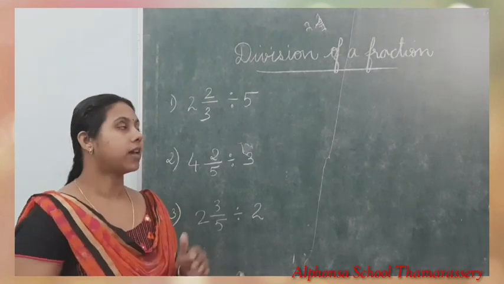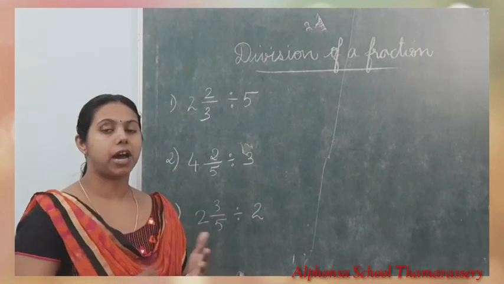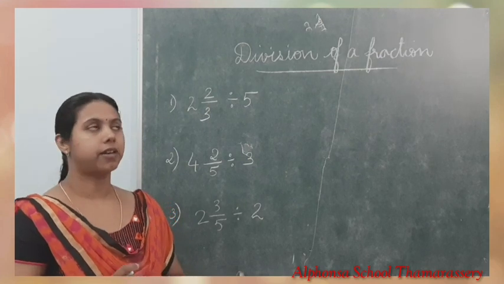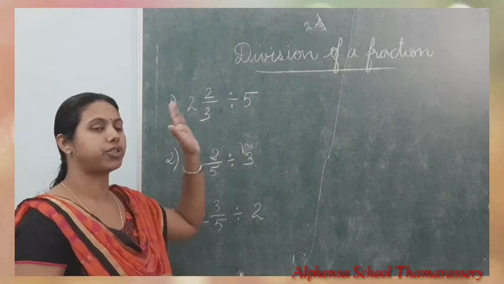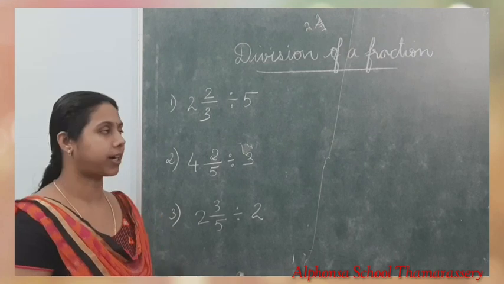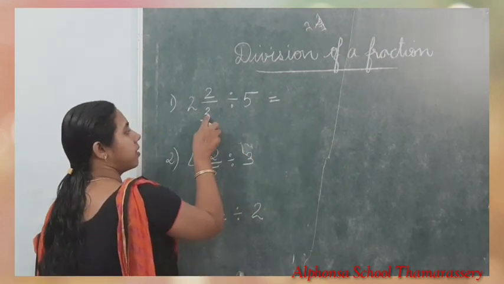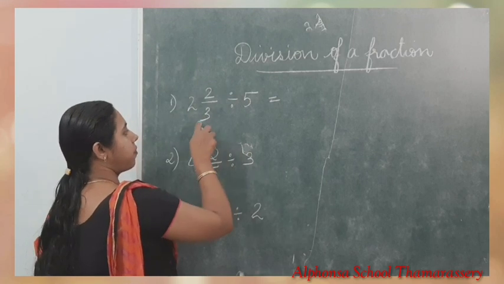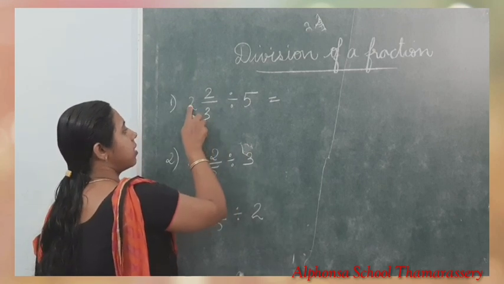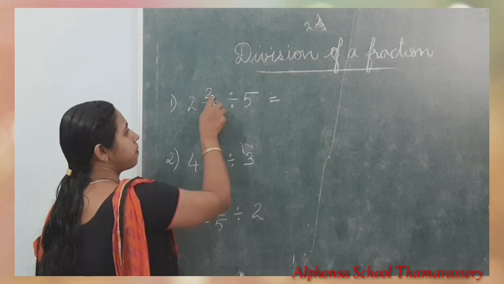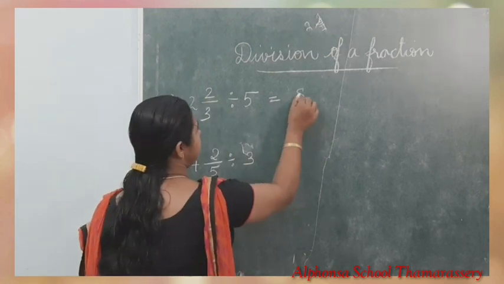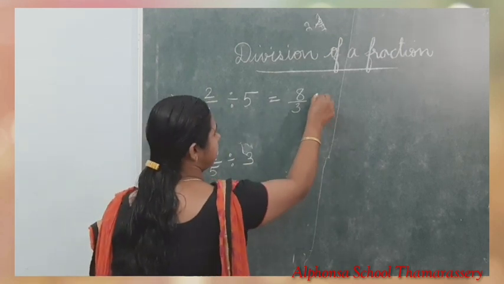The next one is a mixed fraction divided by a whole number. If it is a mixed fraction, first you should change it to improper fraction. So the question you can write it as mixed fraction, change it to improper. Then 2 3s are 6, 6 plus 2, 8. 8 by 3 divided by 5.